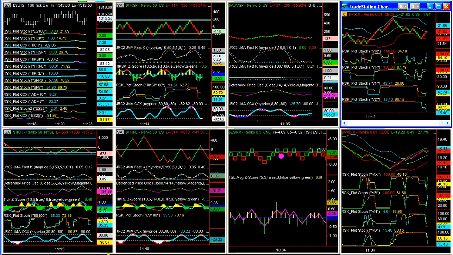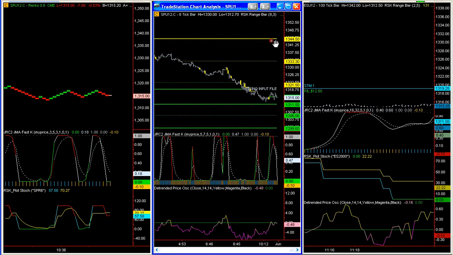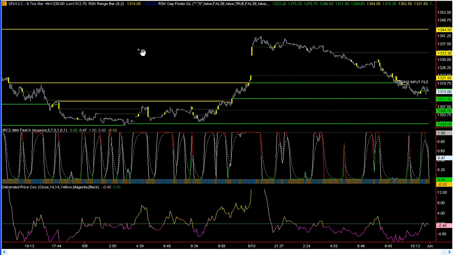Now, in addition to all of this, a couple of added features in our workspace. Let me draw attention to this particular workspace, which is plotting the large contract on an 8-tick bar with a fast stochastic as well as a DPO.